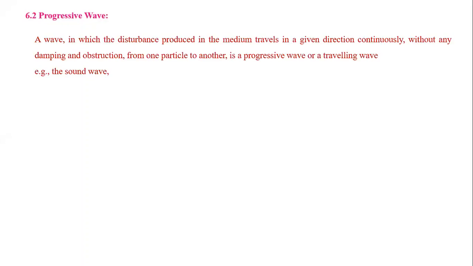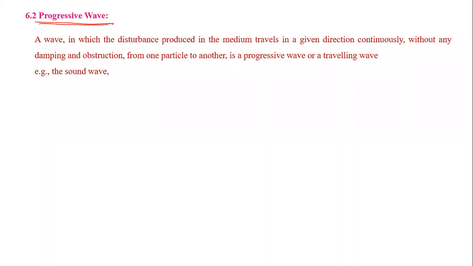The first one is progressive wave. Now what is progressive? The name suggests everything about it. Progressive means which is in progress. That wave is called a progressive wave. So in simple words, progress means traveling continuously. The wave which travels continuously without any damping or obstruction is the progressive wave.